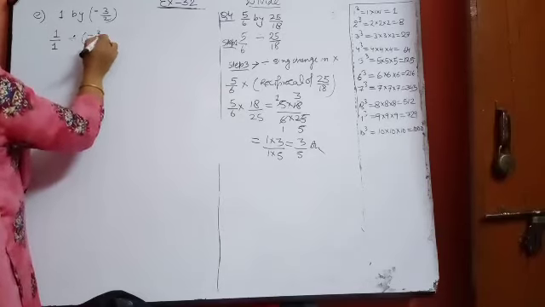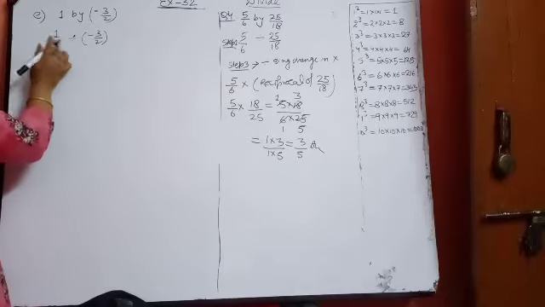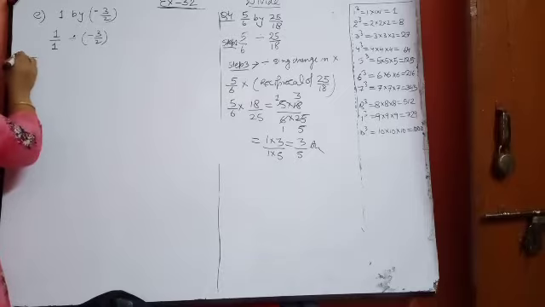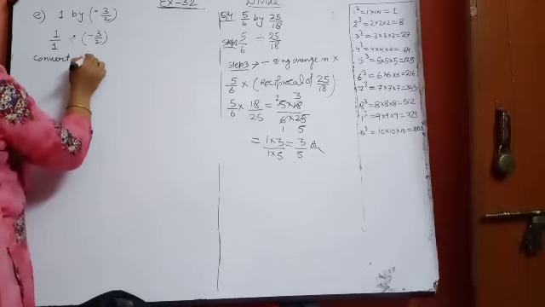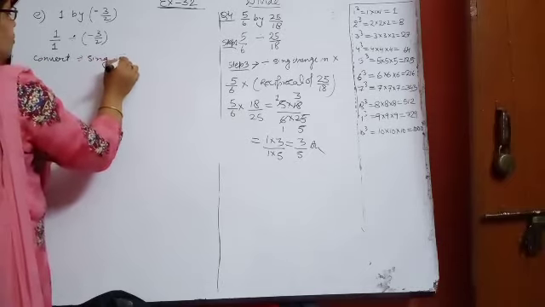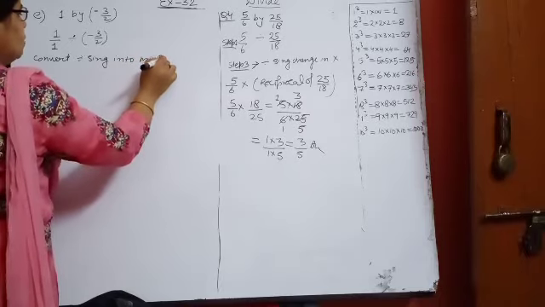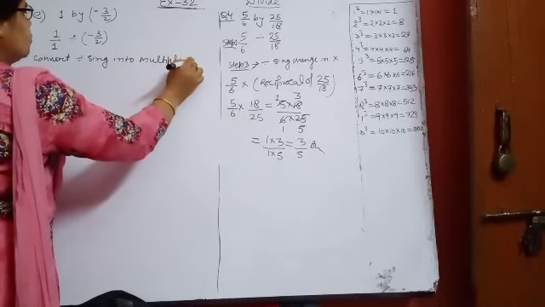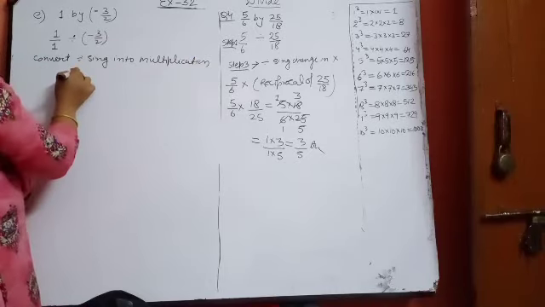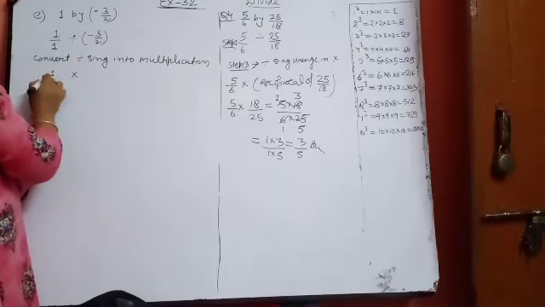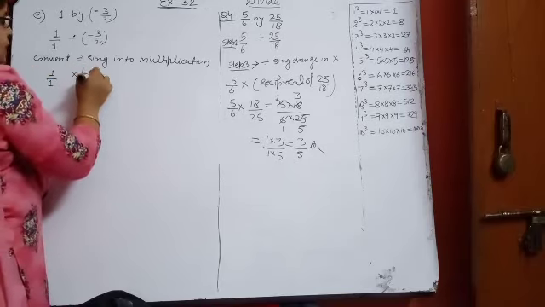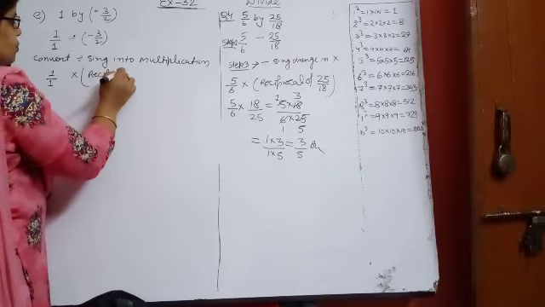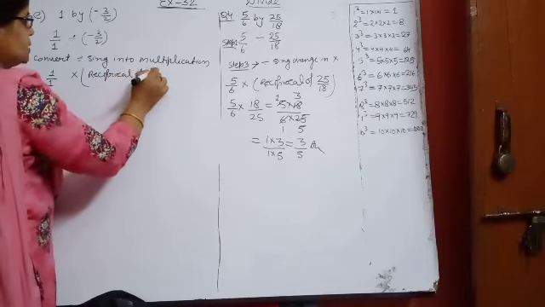minus 3 upon 2. Then step 2: the next step is to convert the divide sign into multiplication. Write multiplication in place of divide, and the first fraction will always remain the same. For the second, write the reciprocal of minus 3 upon 2.